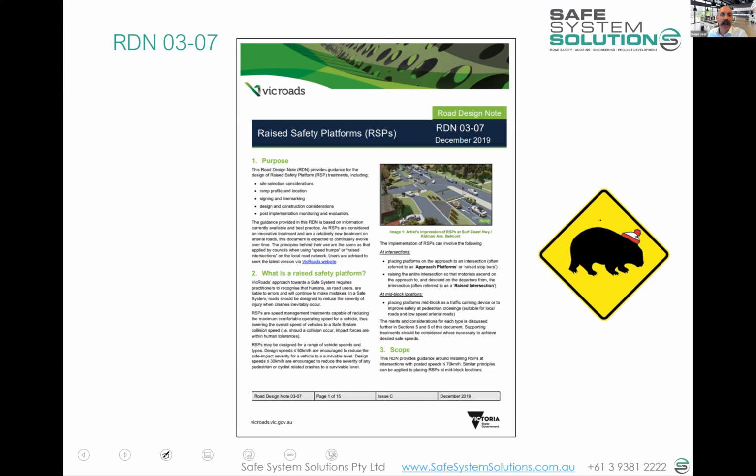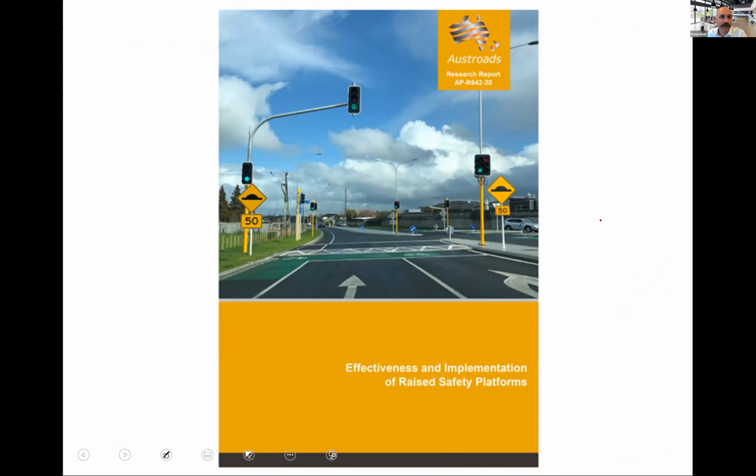We can start questioning the run-of-the-mill operations that have inherent death and serious injury, and start to alter that. There's the Austroads document. And what's right on the front cover of the Austroads document? Lovely intersection in Hamilton, just outside Hamilton. What is the intersection? It's Gordonton.